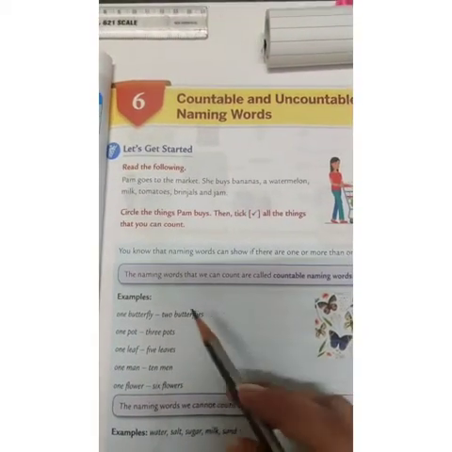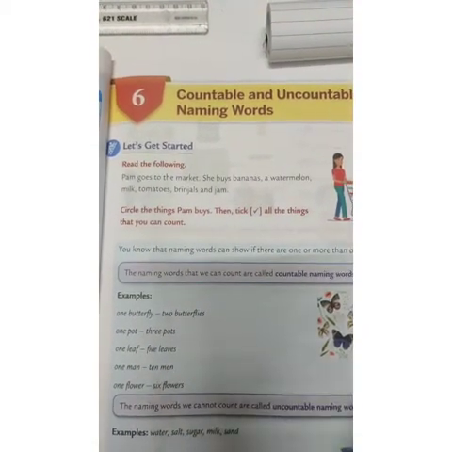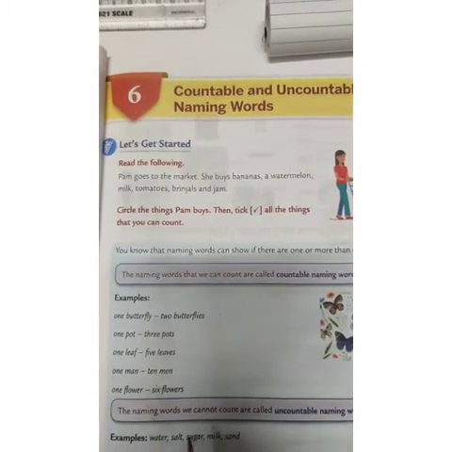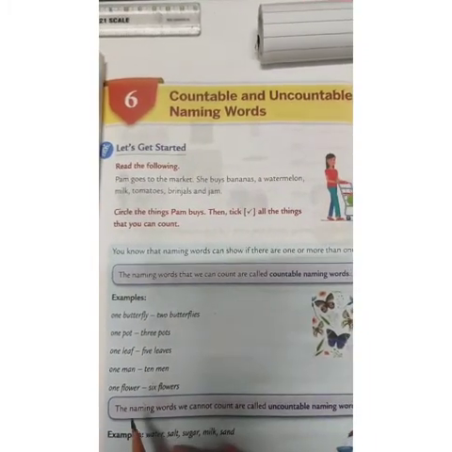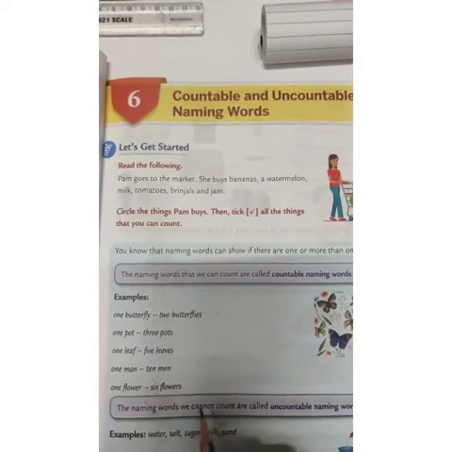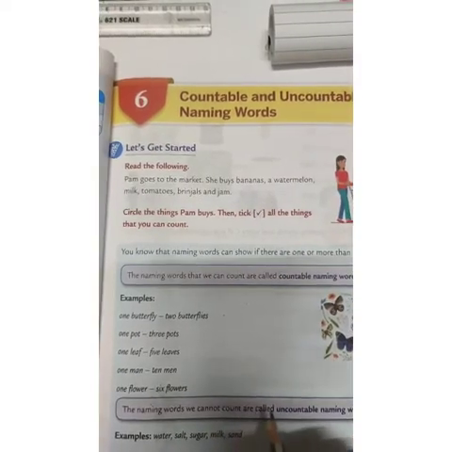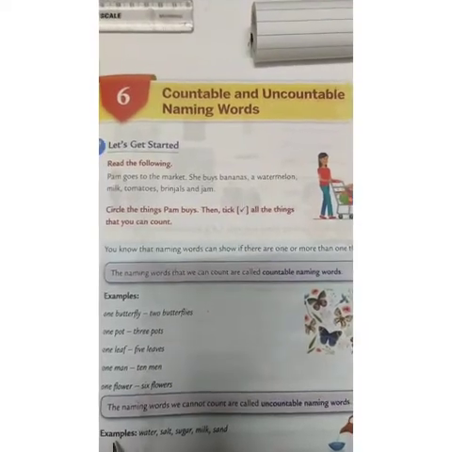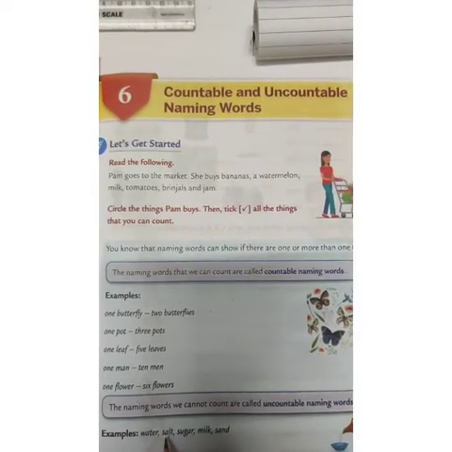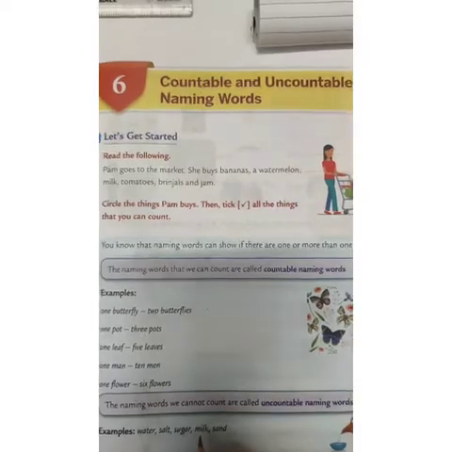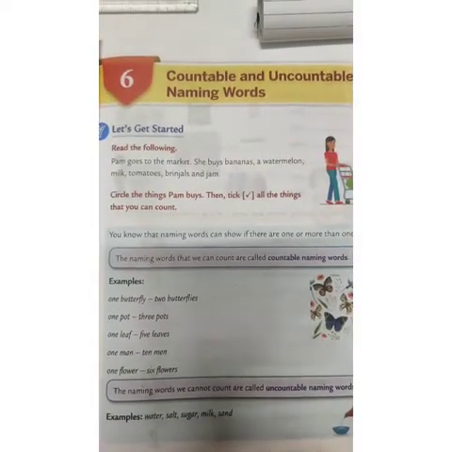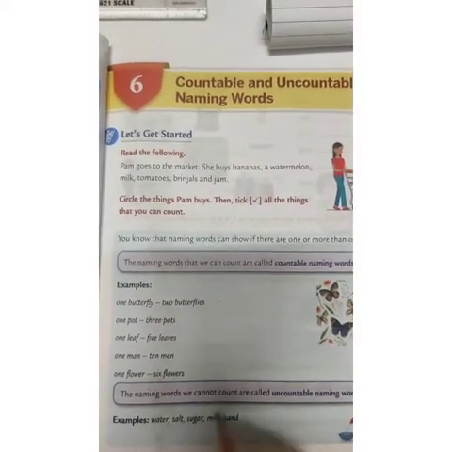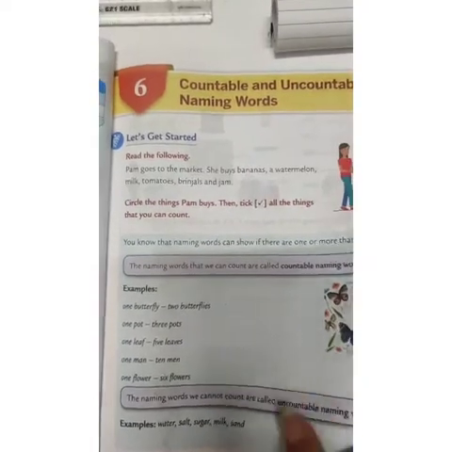So children, these are all countable naming words. Now, what are uncountable naming words? The naming words we cannot count are called uncountable naming words. And the examples are water, salt, sugar, milk, sand. These are the examples of uncountable naming words.